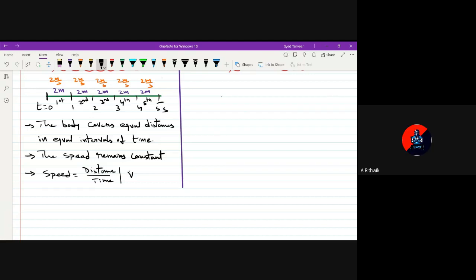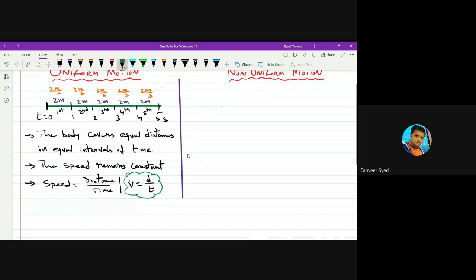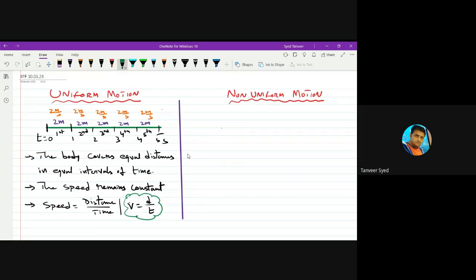Sir, is this the only formula we use for uniform motion? Wherever you find uniform motion, you have got only this single formula. There is no second formula to study uniform motion. So speed is distance by time. Okay.